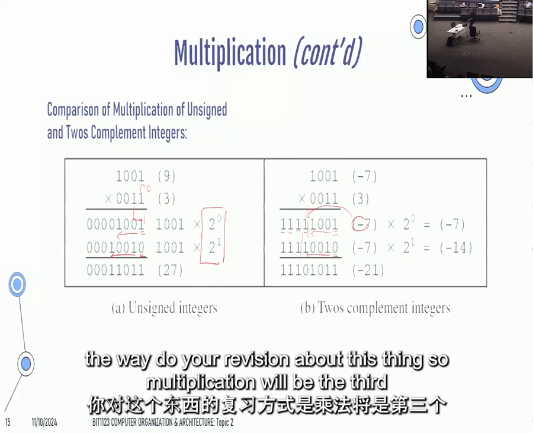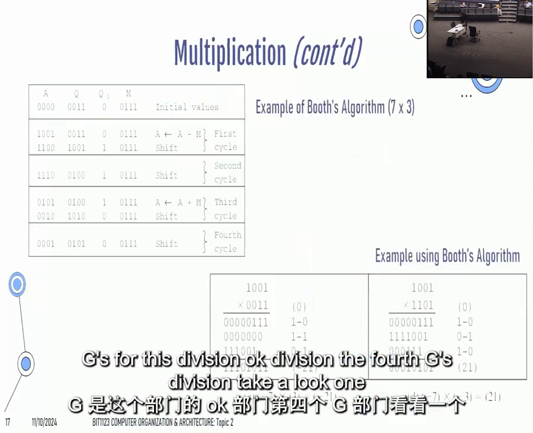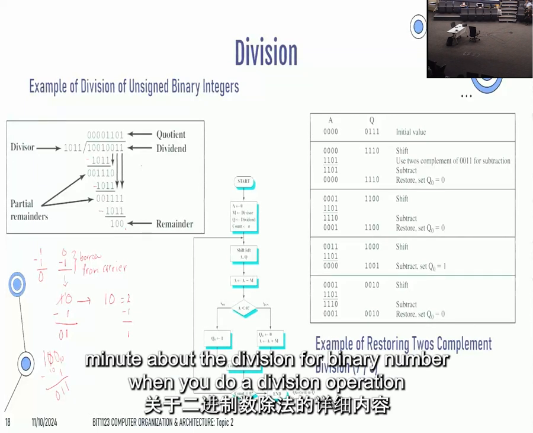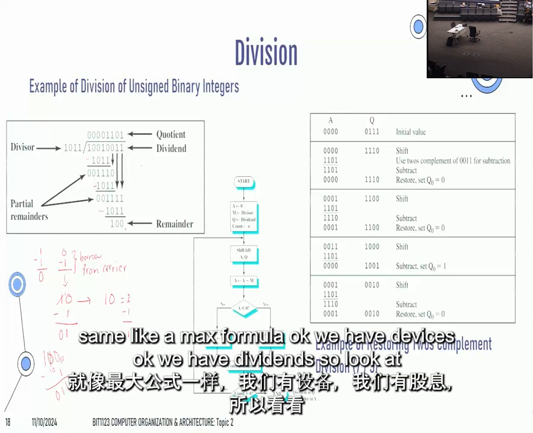So multiplication is the third topic. The fourth topic is division. Take a look for one minute at division. For binary numbers, when you do a division operation, it is the same as a maths formula. We have divisors and we have dividends.